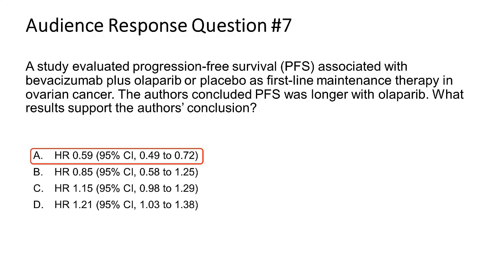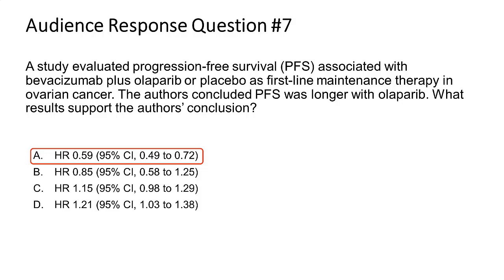The correct answer is A, hazard ratio 0.59 with the confidence interval 0.49 to 0.72. So with this question and question stem, we are told that the standard of care is bevacizumab, and then we are evaluating olaparib versus placebo.